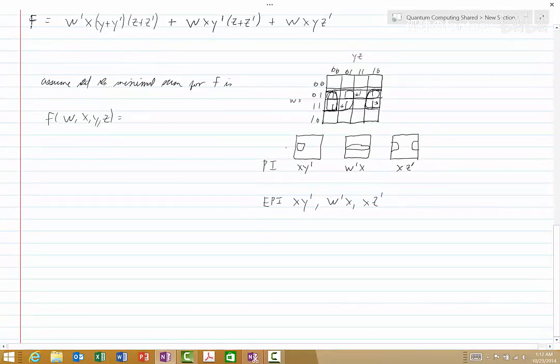And therefore, the minimal sum for this function, there's only one, and it is f of wxyz equals xy prime or w prime x or xz prime.